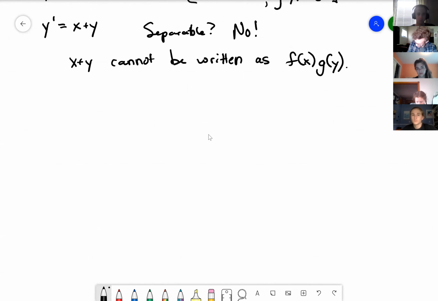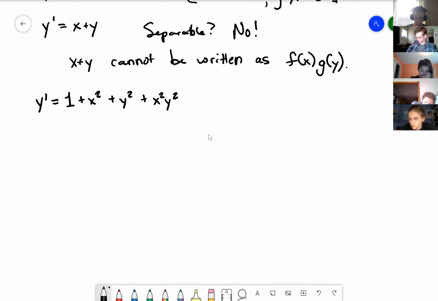Okay, what about this one? y prime equals one plus x squared plus y squared plus x squared y squared. Is this separable? Very early.